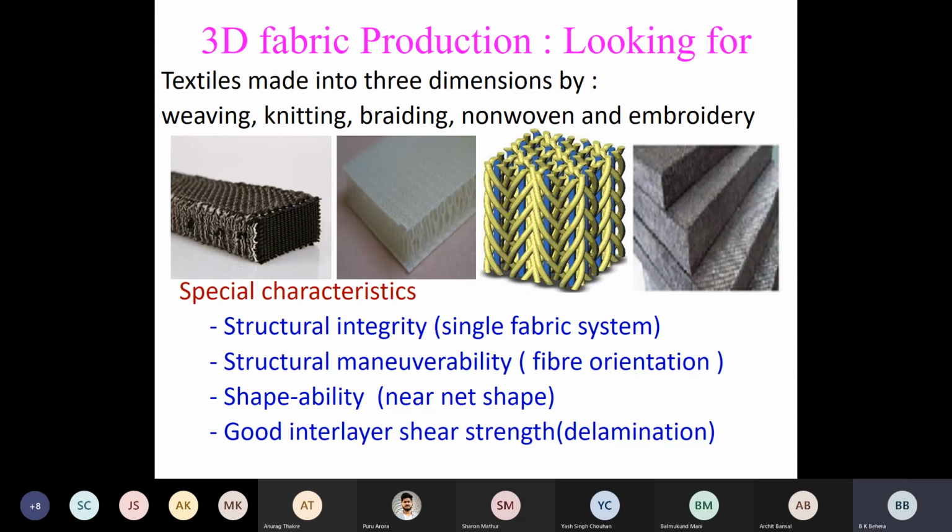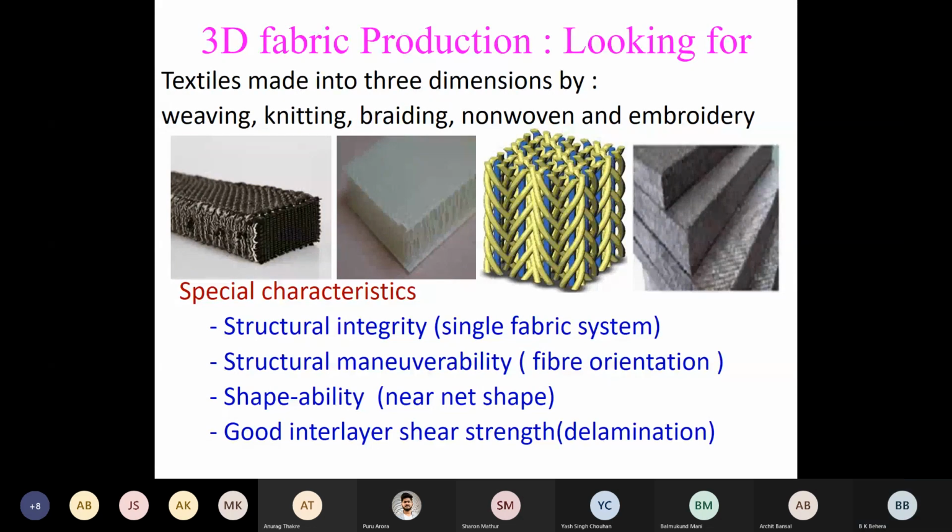And 3D woven fabric is most popular. The reason is the same reason why 2D woven fabric is popular: because of its structural stability and strength, this material is used for many load bearing applications.